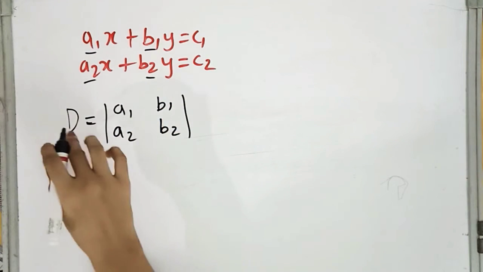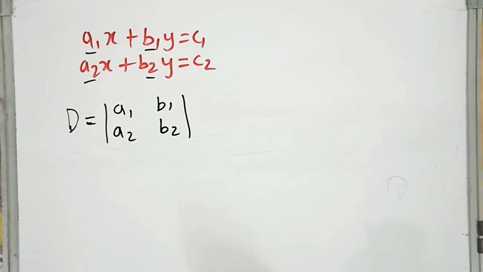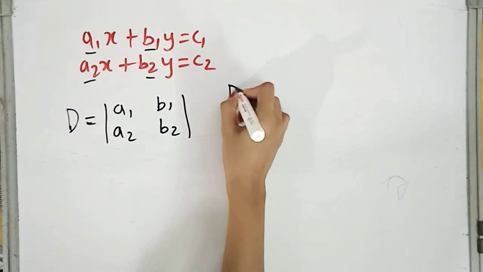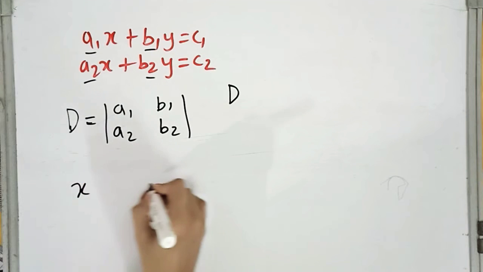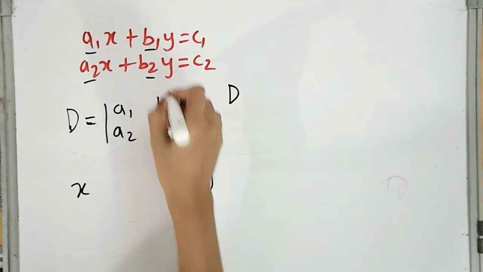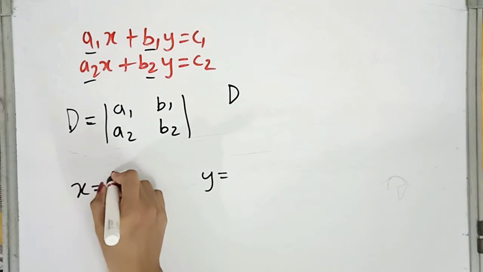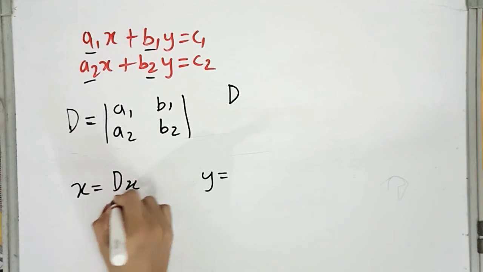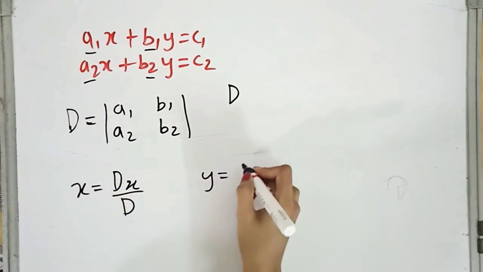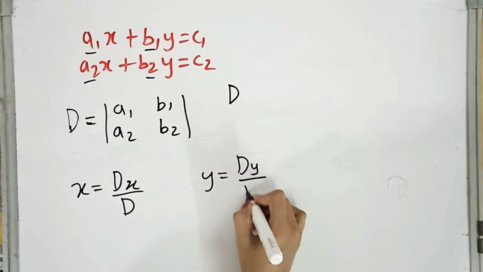This will be our determinant D. Now we have to find x and y. So x will be Dx by D and y will be Dy by D.